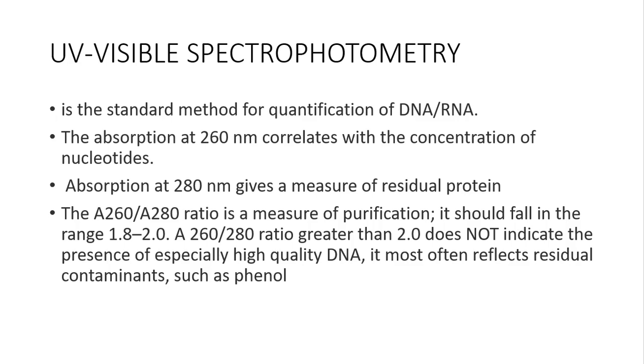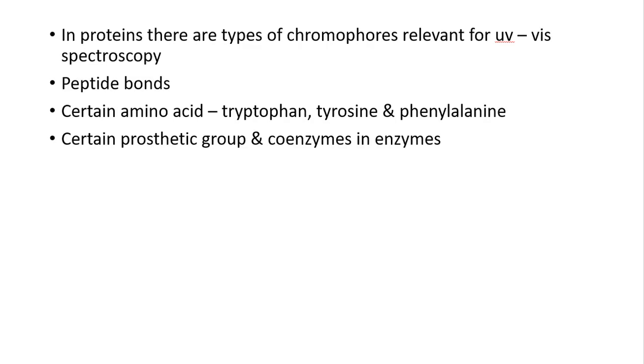In protein, the absorption happens at 280 nanometers. I told you only three amino acids are able to absorb: tryptophan, phenylalanine, and tyrosine. But other than that, the peptide bonds, which connect amino acids together, are also able to absorb the UV light.